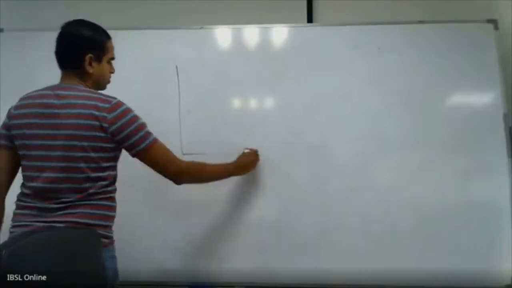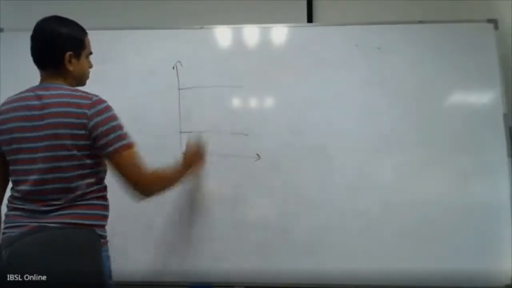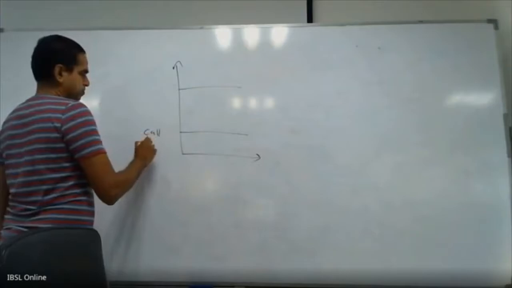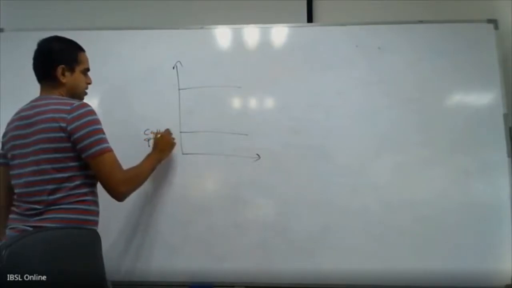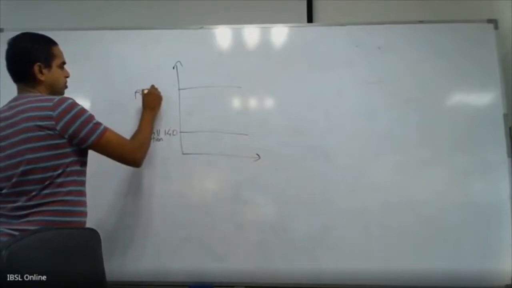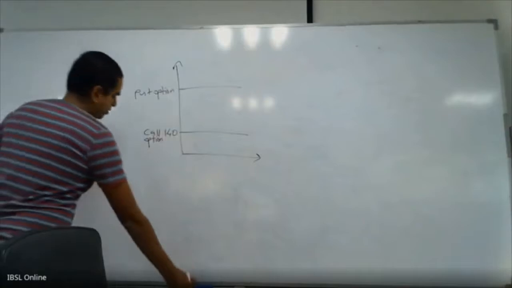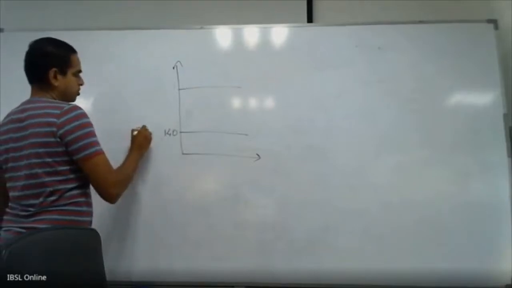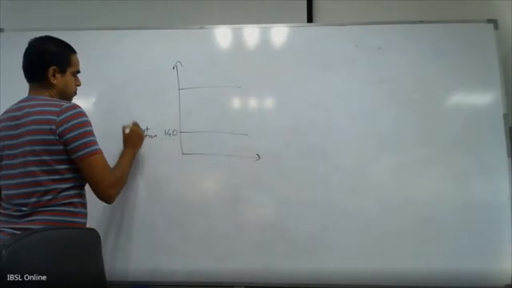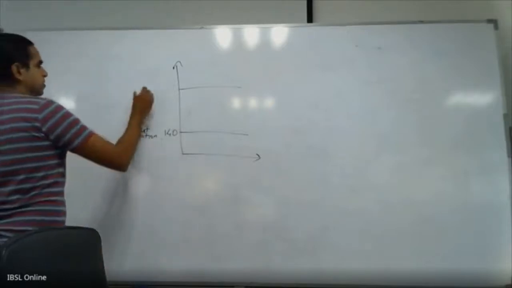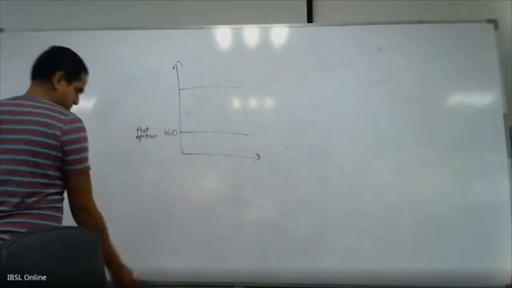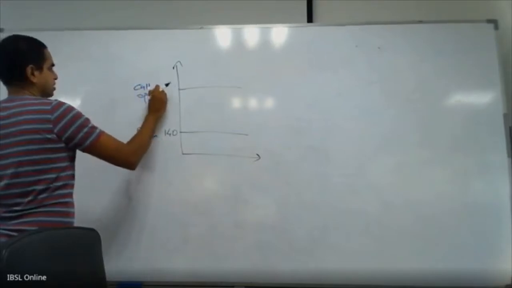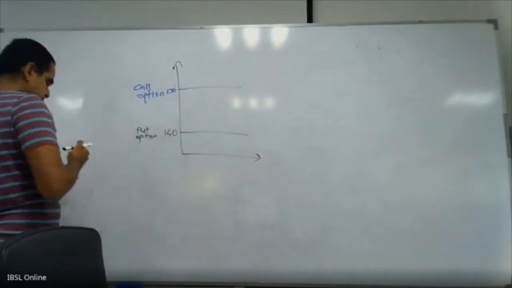So what CPC did was they sold a put option at a strike price of 140, let's assume. Then they bought a call option, let's say with a strike price of 150. So this is what CPC did.